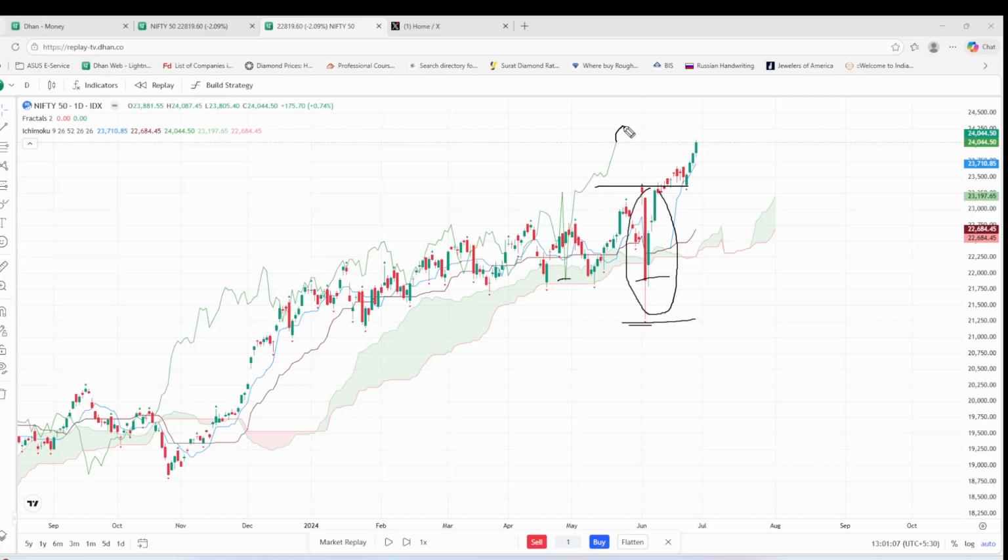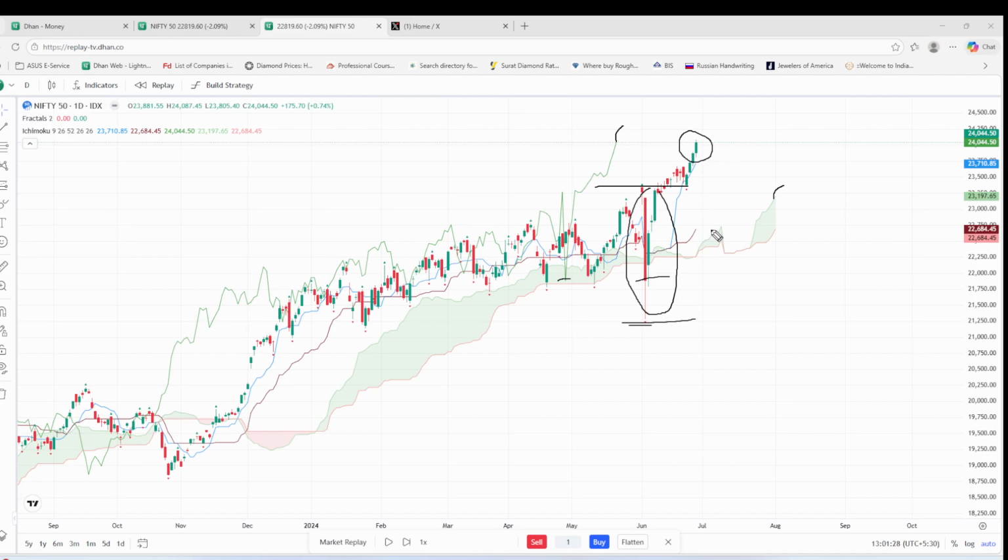This line represents the 26 period previous price action. This line represents 26 periods ahead of this price action and a combination of this price action.